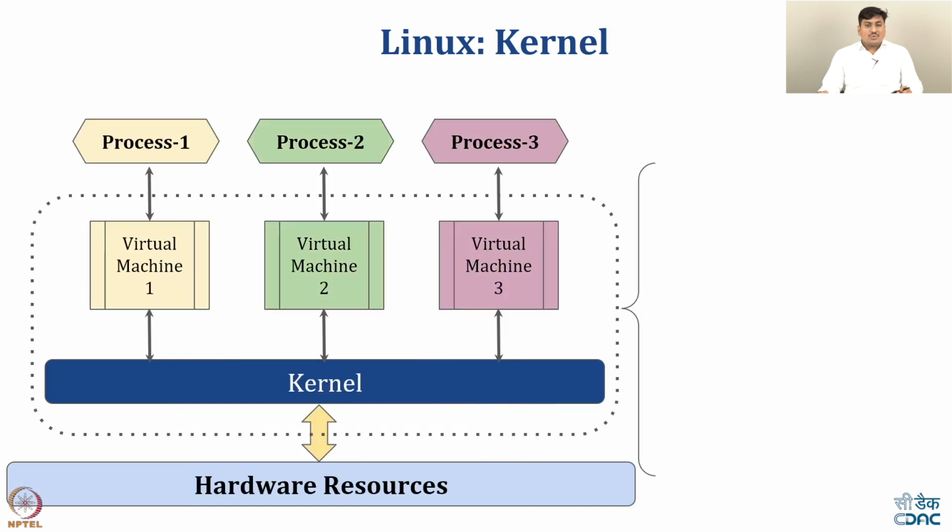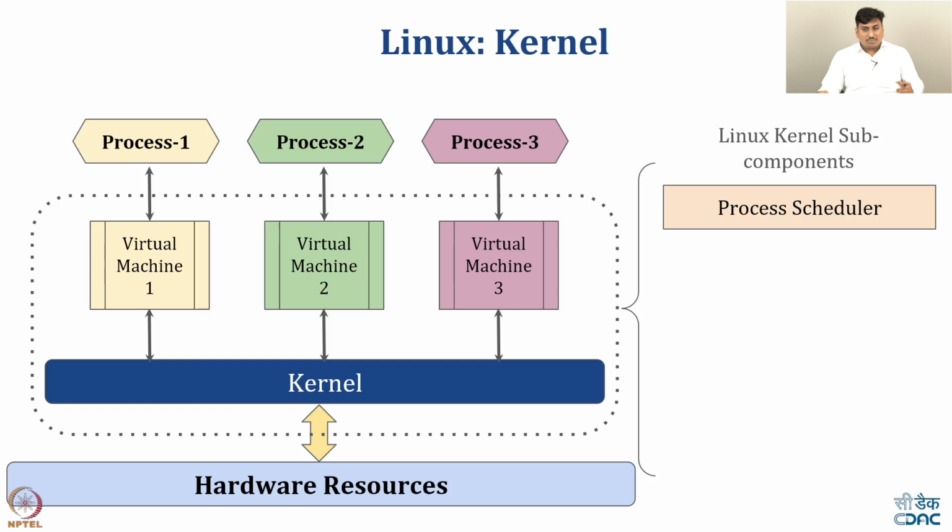So let us try to understand how this particular kernel manages these things. What are the different subcomponents of this kernel? There are so many components which help the kernel to accomplish all these tasks.